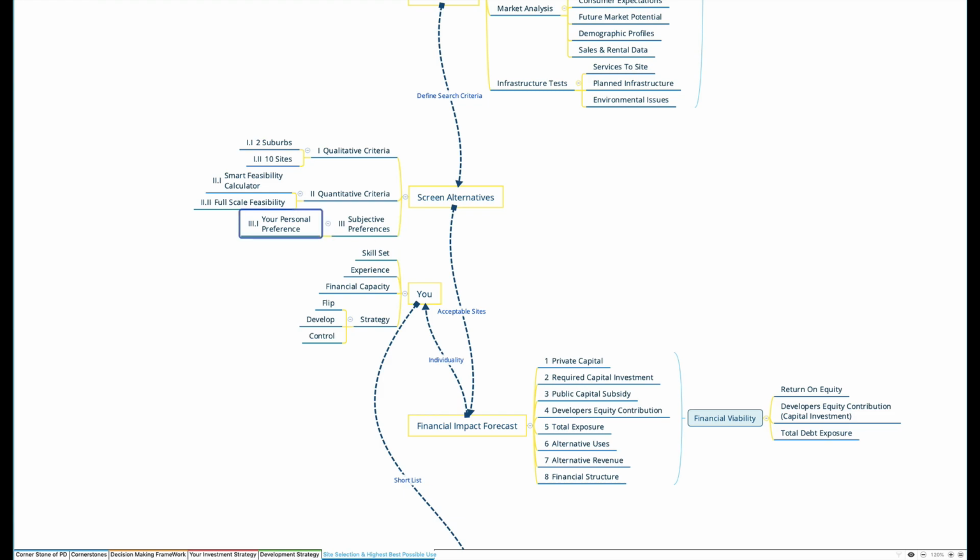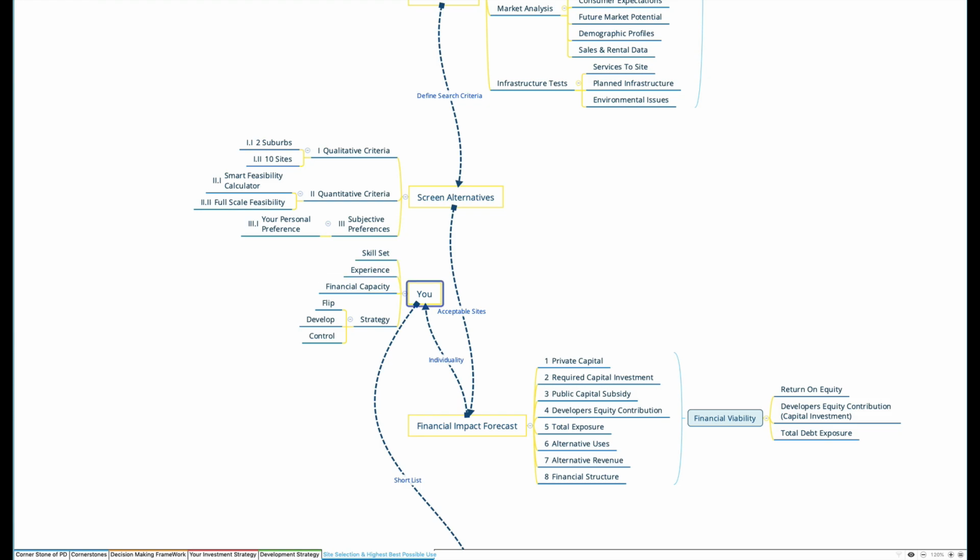Subjective preferences, for example, your personal preferences. So you might find a site that's really good, but it might be too far away for you to travel to or conduct meetings, or you might have issues finding different contractors to execute the development.